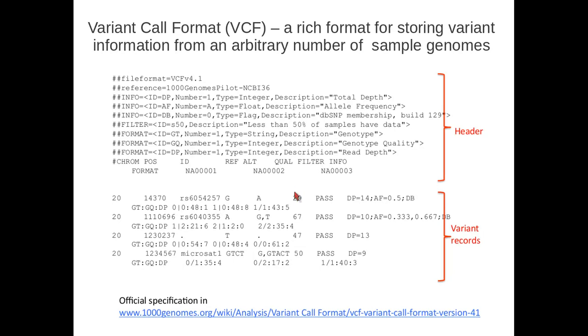The filter here is PASS. I'll describe that a little later, but a call failing some filter would not have PASS here. It would say, for example, Q20 might be a filter, and if the quality was not 20 or above, it would have Q20 here. That's something the user can impose yourself.